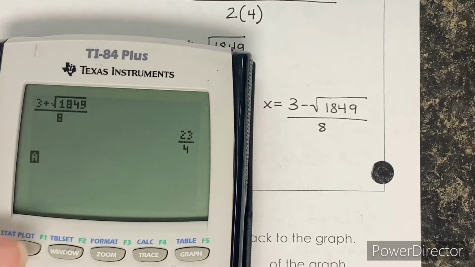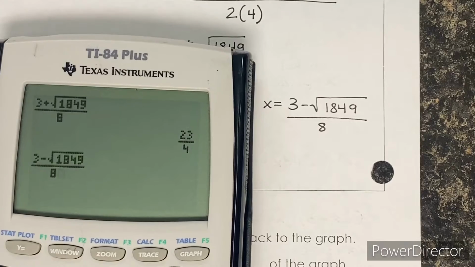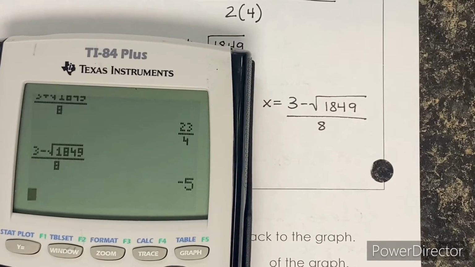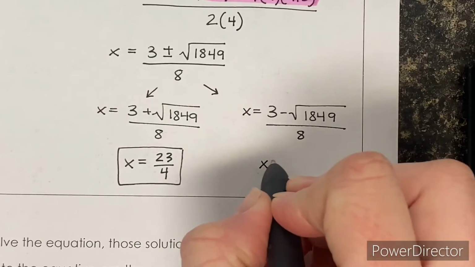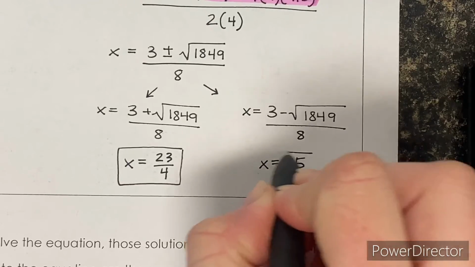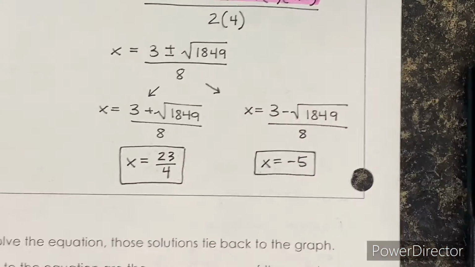So alpha y equals, but it's going to be 3 minus this time. 1849 over 8. Make sure you type it in correct. Sometimes you'll hit a different button on accident. Just make sure that you're typing it in right. And that one gave me -5. So I get x equals -5 on this one.